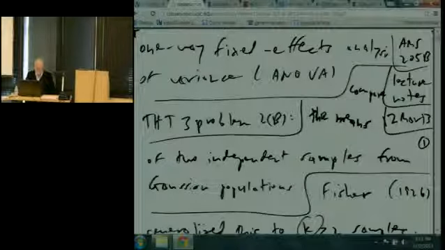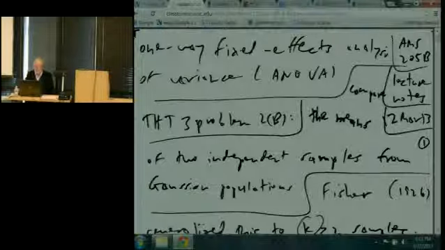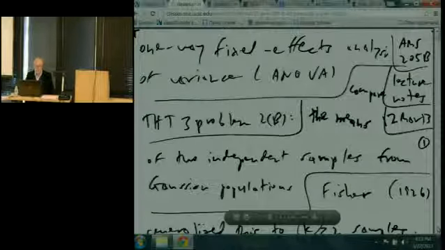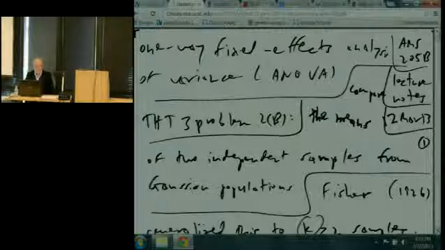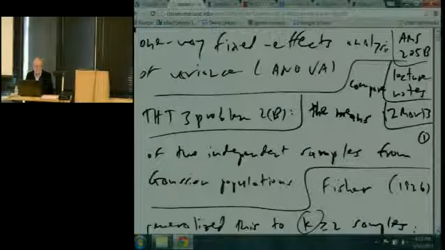Multiple comparisons arises in a variety of contexts, and one of them is when you have more than two groups to compare with each other and you want to know how different the means are. That's a simple problem. People have been thinking about it since Fisher in the 1920s. This simple version of it is called one-way fixed effects analysis of variance. That's what Fisher called it anyway.